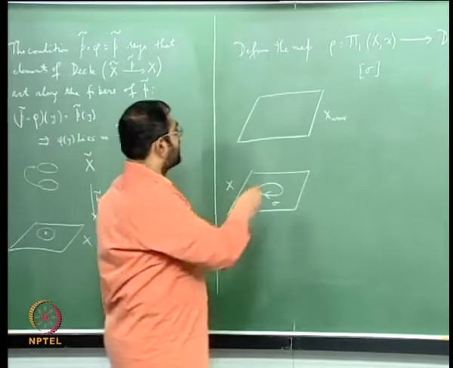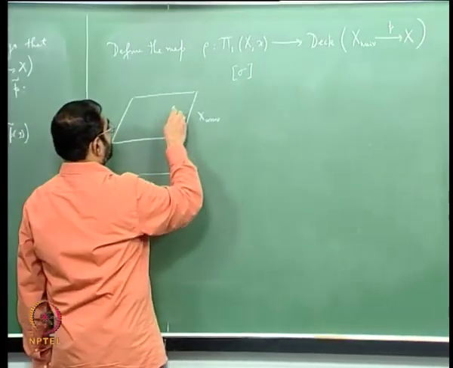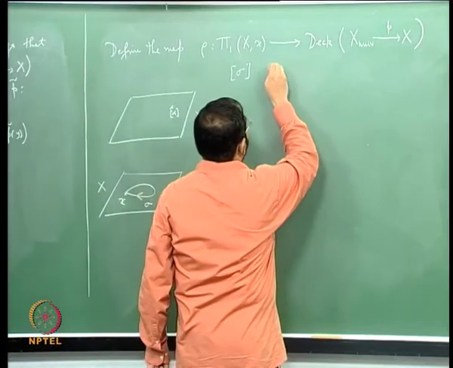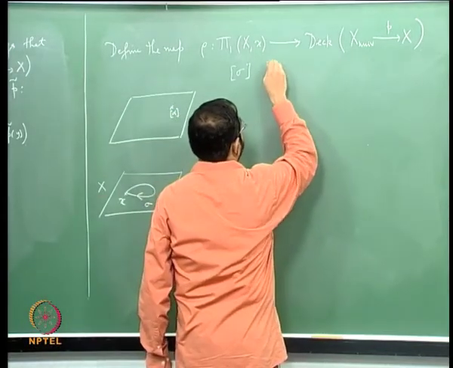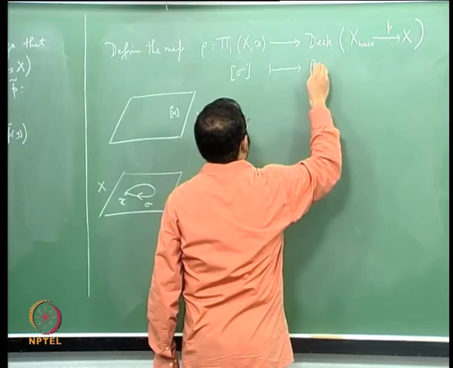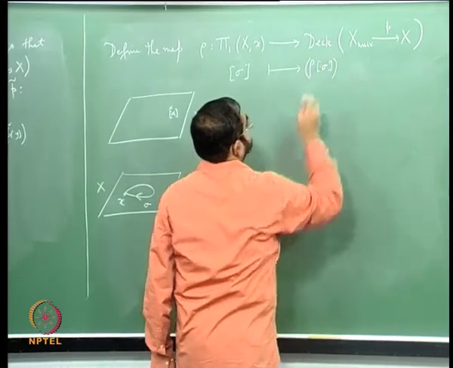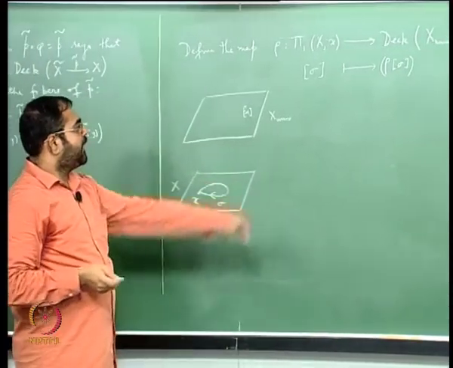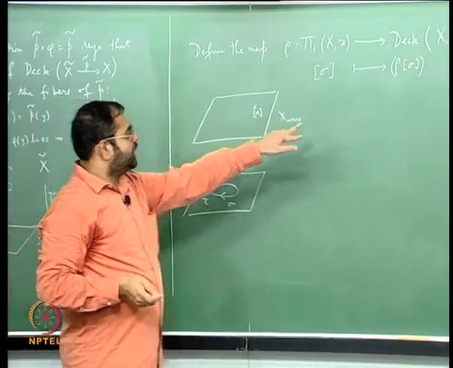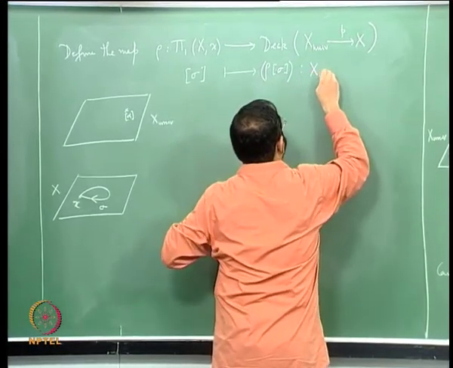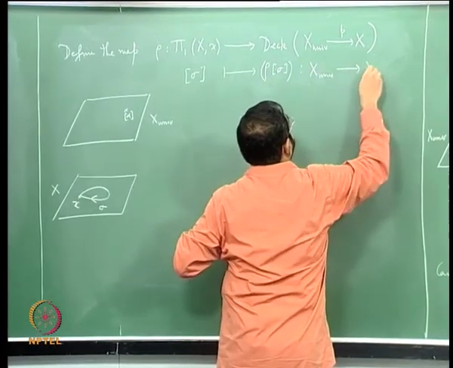Okay, so I start with a point alpha in x univ, and I will tell you where it goes to under the image of this. So this will go to rho of sigma. I will define this as a deck transformation, and so this should be a map from x univ into itself.